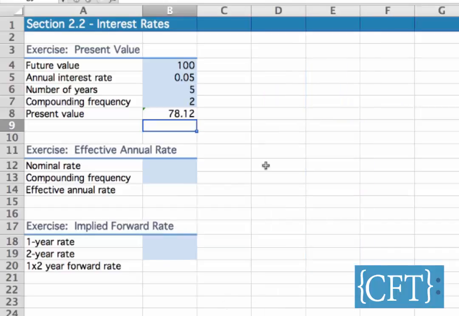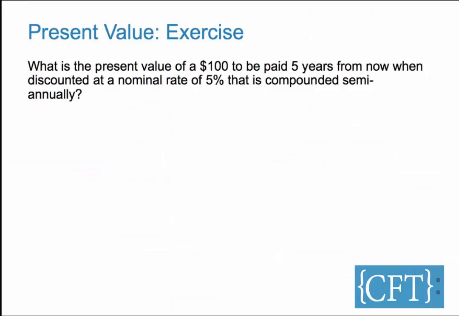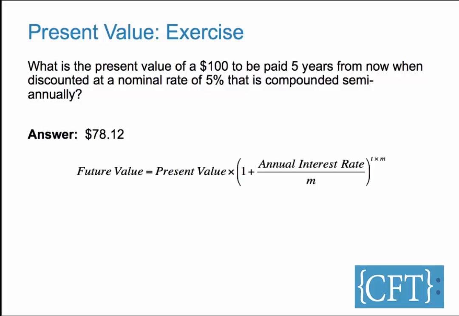Okay, now that we have the answer, let's go back to the presentation. Using the Excel workbook, you should have found that the present value was $78.12. The calculations that we performed there are summarized in the formula on the screen.